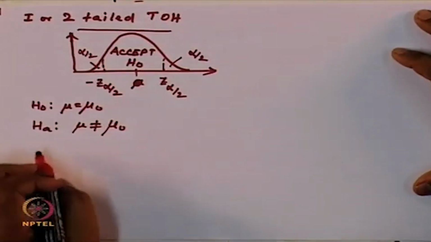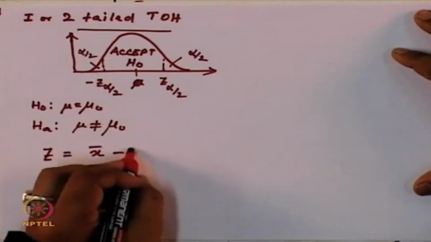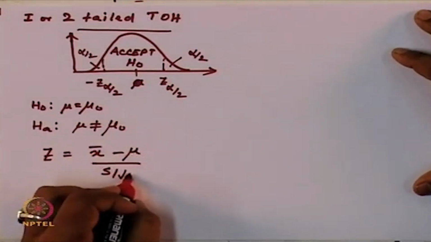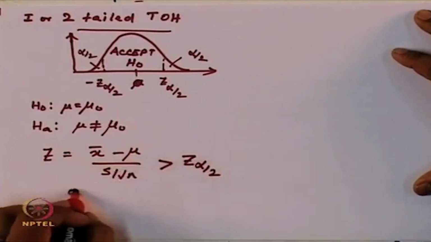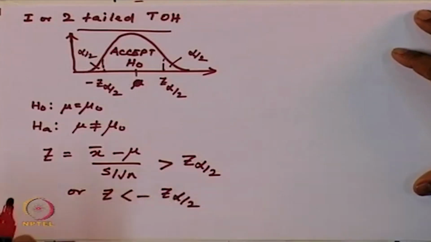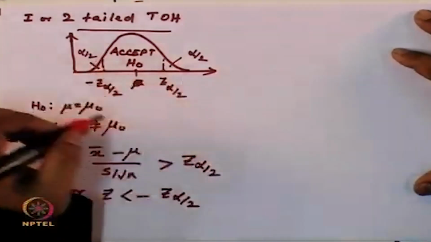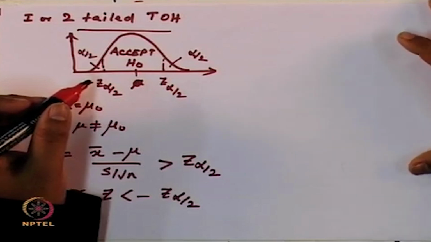So, if the z value for your test statistic, let us say x bar minus mu by s by root n, is greater than z alpha by 2, or z is less than minus z alpha by 2, then you know that your H naught can be rejected, otherwise you cannot reject H naught.